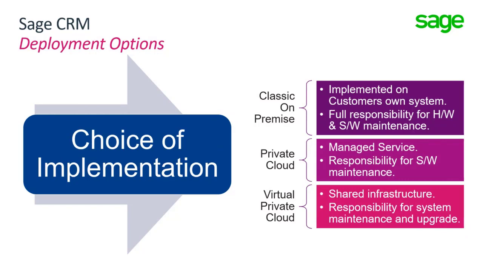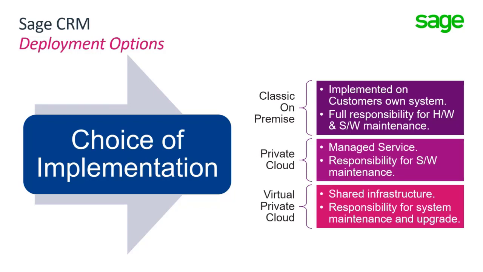We can go with the classic on-premise approach, which is implementing Sage CRM on the customer's own system. And that's where the customer takes full responsibility for the hardware and software maintenance. You can go with the private cloud implementation, and many partners in the UK work on the basis of essentially a managed service where the partner on behalf of the customer is responsible for the software maintenance.